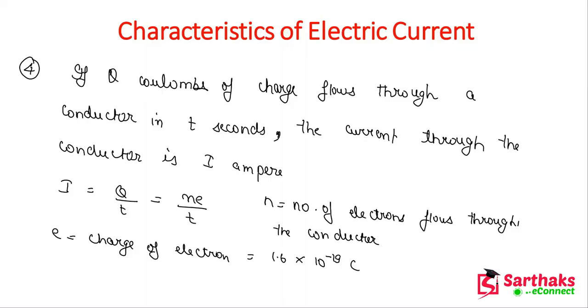Also, electric current is a scalar quantity. Scalar quantities are quantities that have only magnitude.